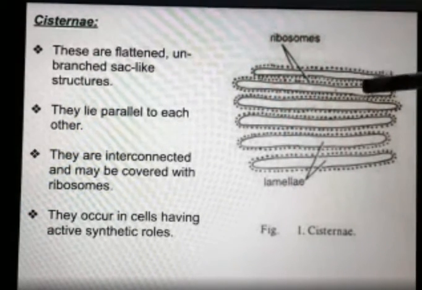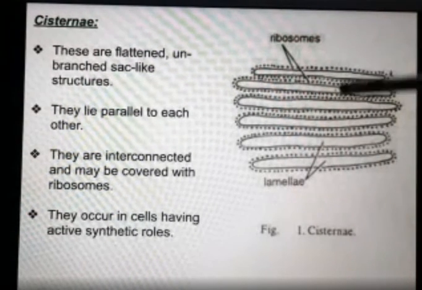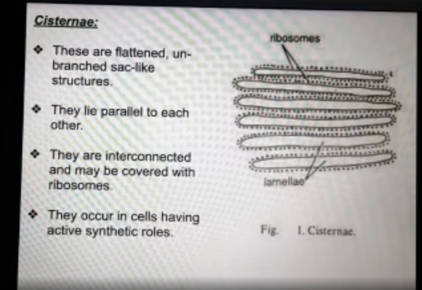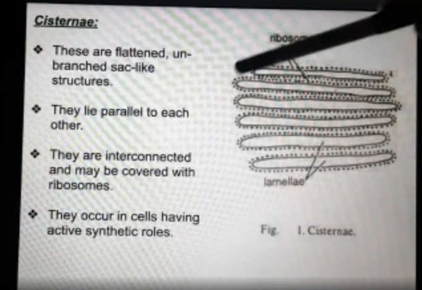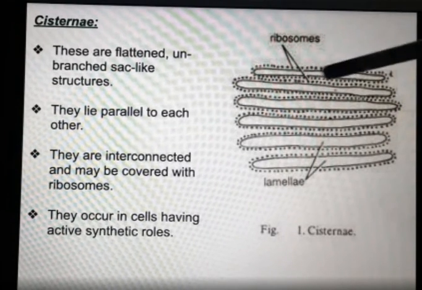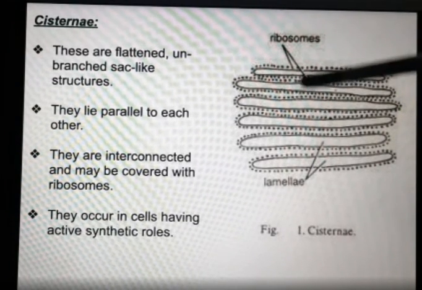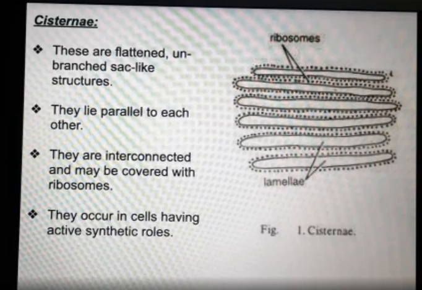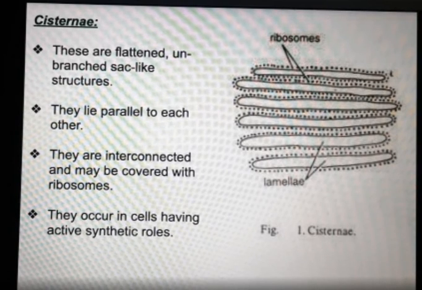The sac-like structures were present in a parallel fashion, they are interconnected, and may be covered with the ribosomes. What you will see in many books is simple, but it is not this simple. They are interconnected somewhere or the other, and they occur in cells having an active synthetic role.